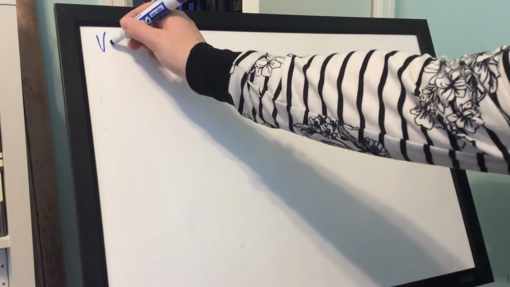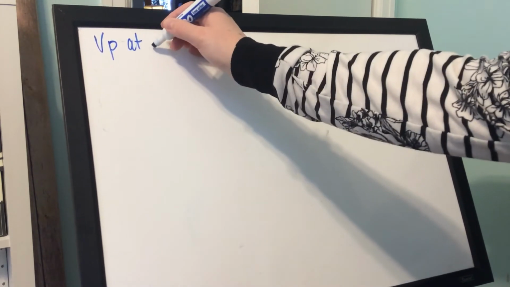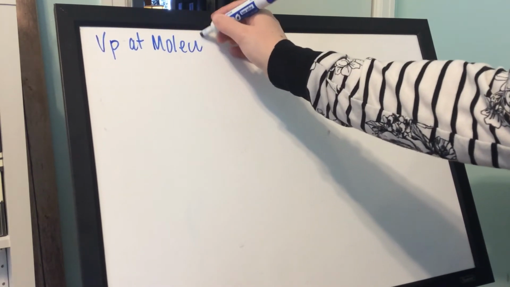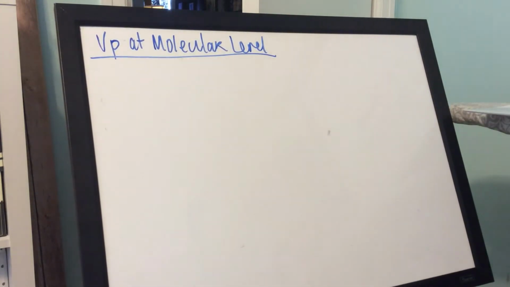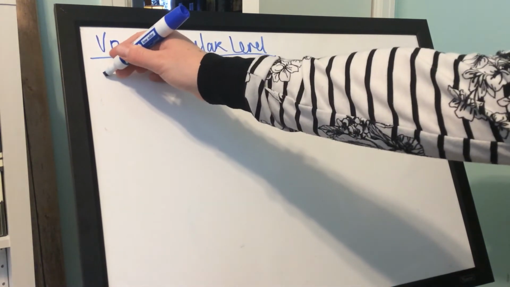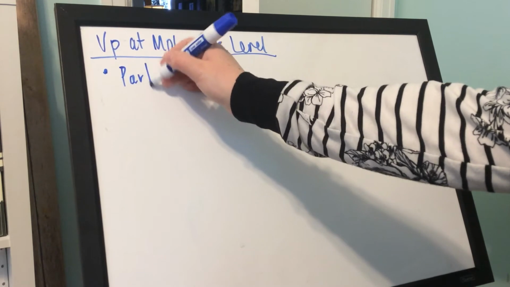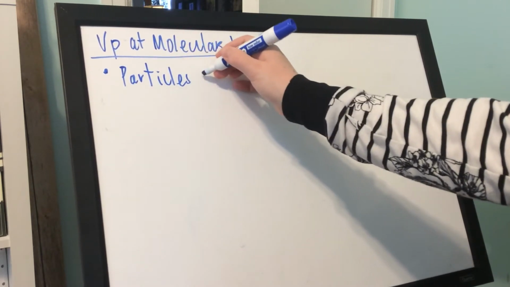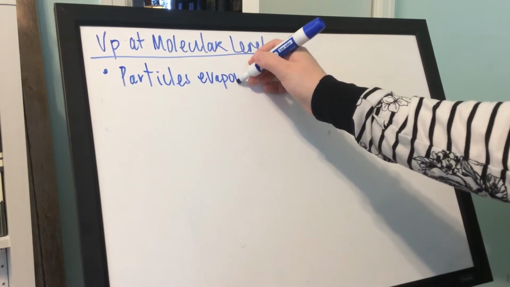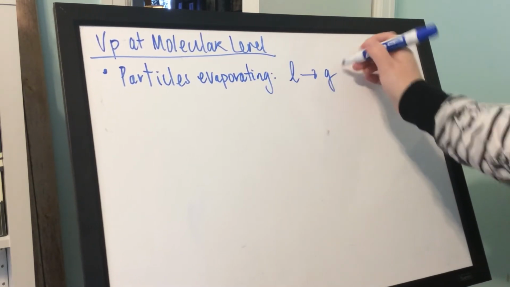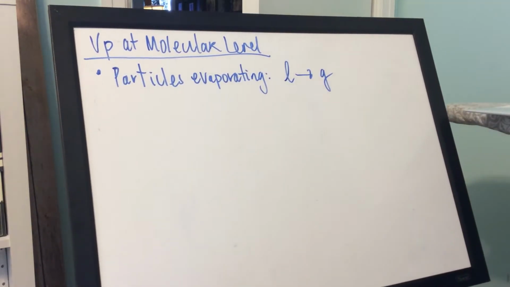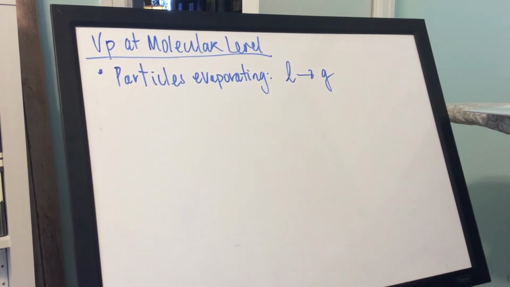We constantly have particles evaporating, so going from liquid to gas, right? Getting caught above that liquid, creating a vapor pressure. That was just our discussion from a second ago.